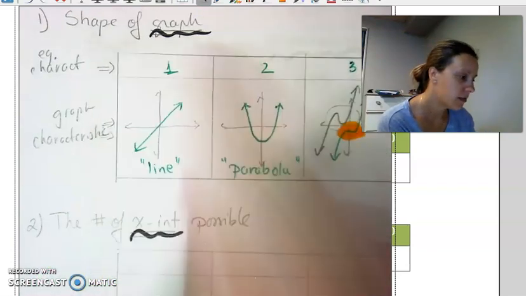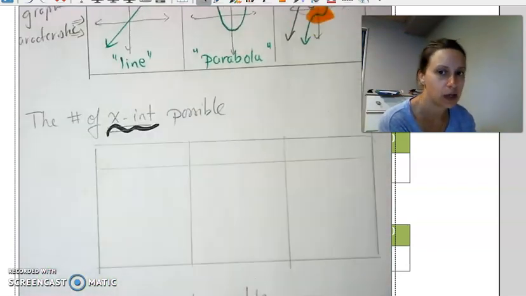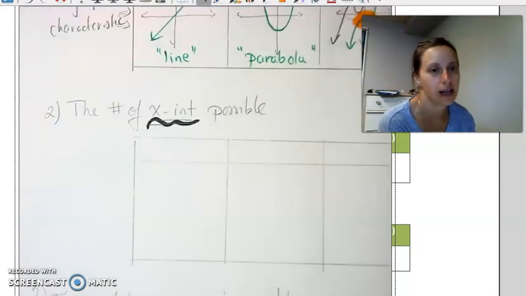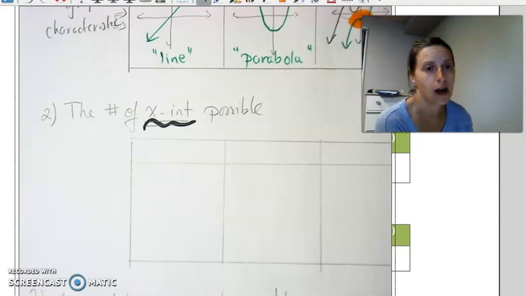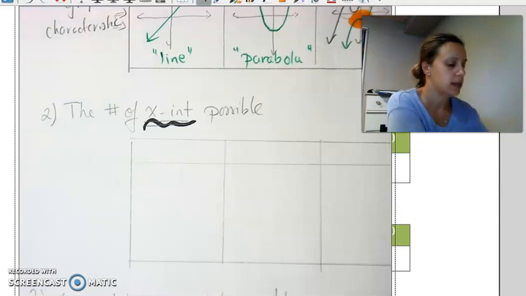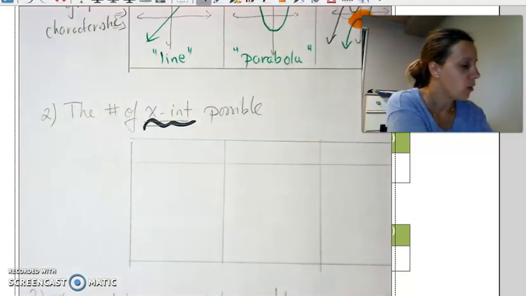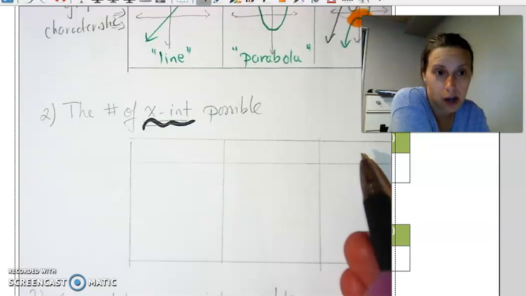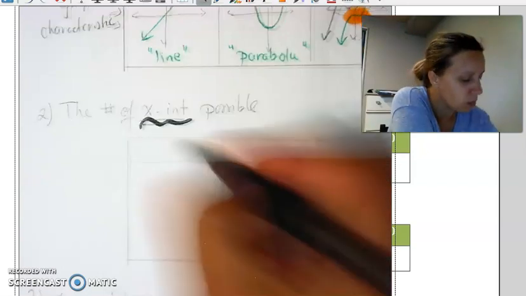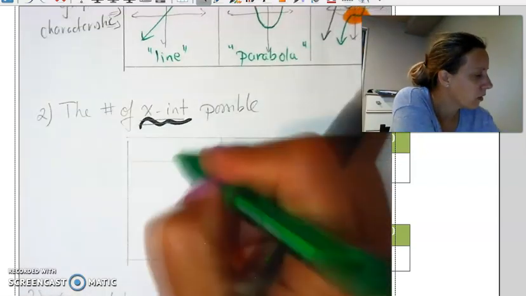The next piece of information that we can take from the degree is the number of x-intercepts. A quick reminder, an x-intercept is a point where the graph crosses the x-axis. So let's take it one by one. Again, at the top I'm going to put the graph characteristics, and so far we only talk about the degree. So we have degree 1, 2, and 3.